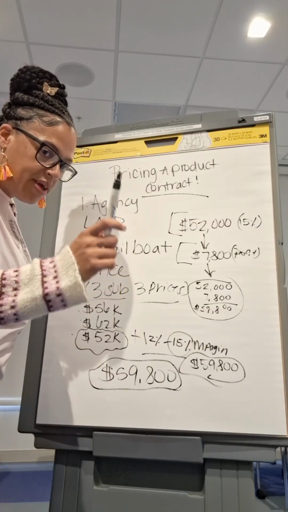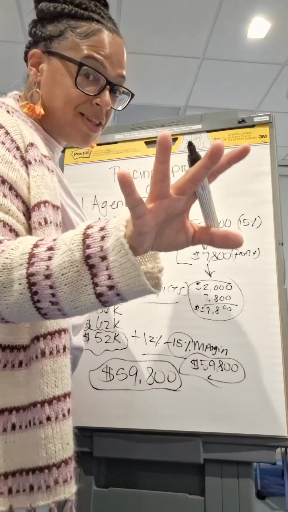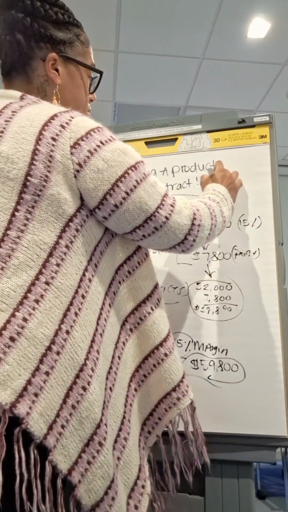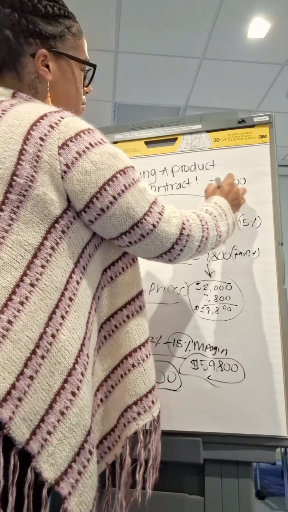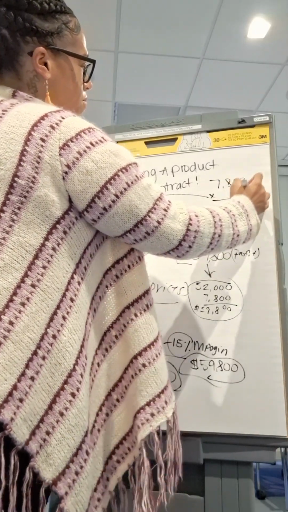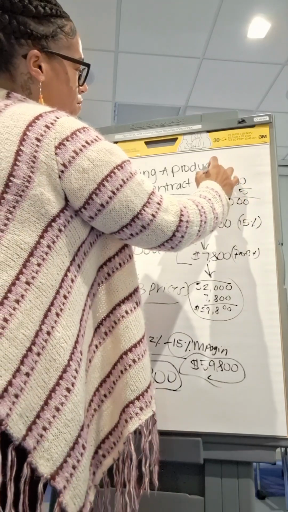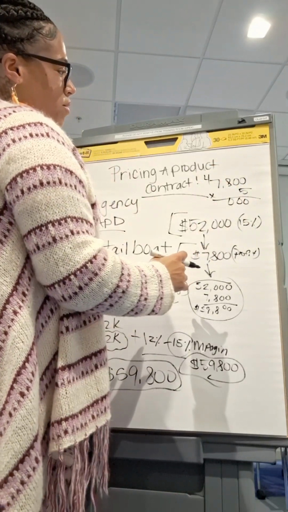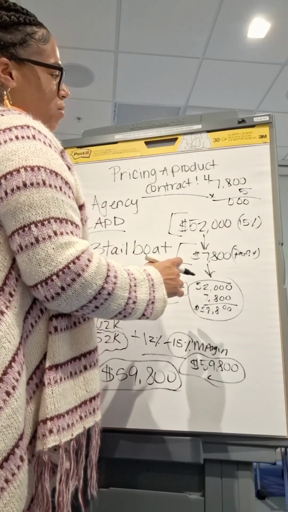One contract just brought in $7,800. What would happen if you did that 5 times a month? Now, let's look at if you did it 5 times a month. Just profit wise. All right, we'll do some math here. 5, 10, 15, 20, 25.